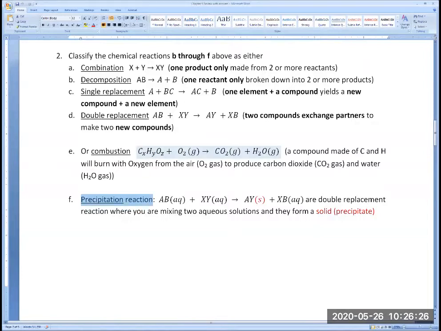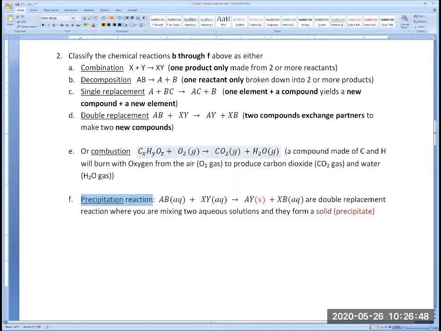It's all in gas phases here because you're burning, so it's high temperatures, and that's why they escape as gases. This is a combustion reaction, and I want you to really recognize that type of reaction.